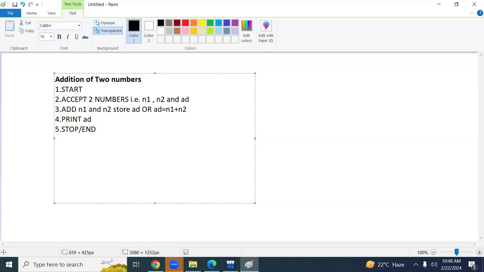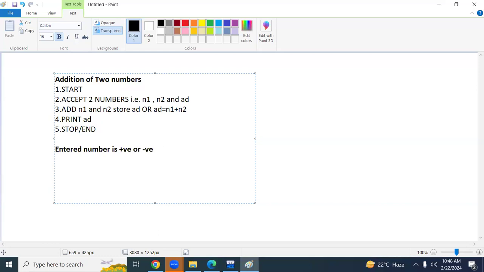And the second one, we'll consider the algorithm for whether the entered number is positive or negative. So we need to check whether the entered number is positive or negative. So we need to draw an algorithm for this.